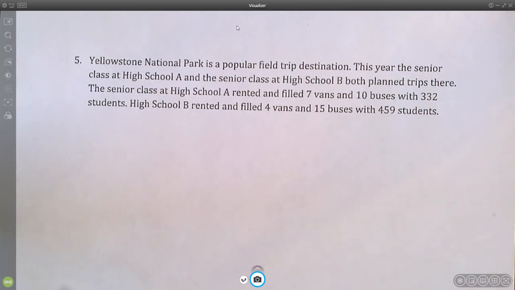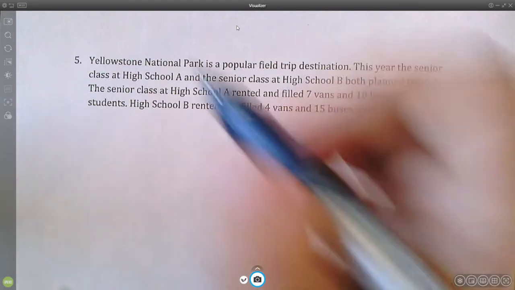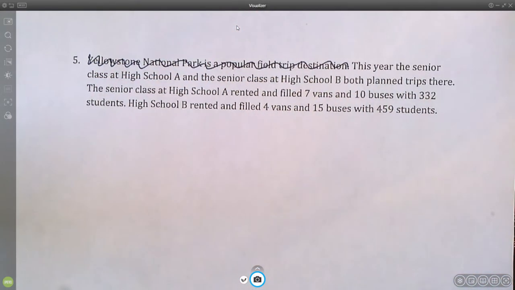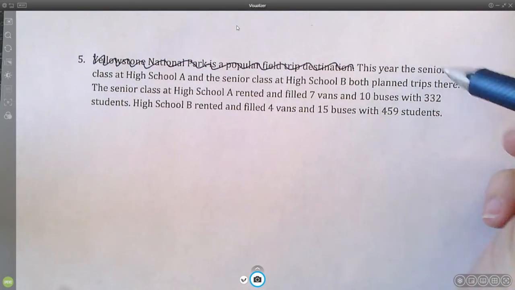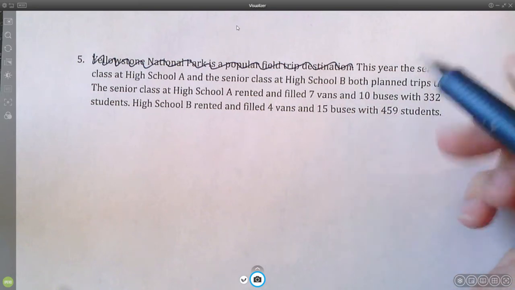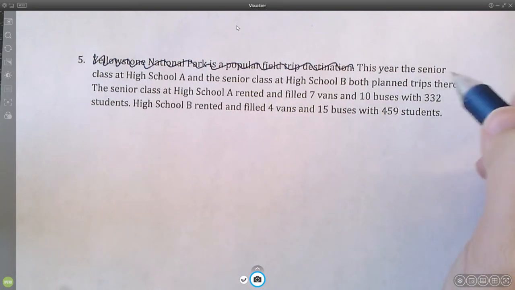And then 5 says Yellowstone National Park is a popular field trip destination. You know what? I think that's really cool, but that is not useful information for me yet. This year, the senior class at high school A and the senior class at high school B both planned trips there.